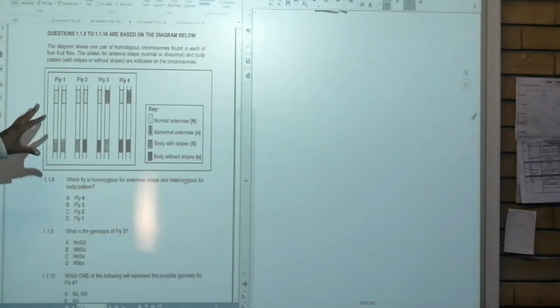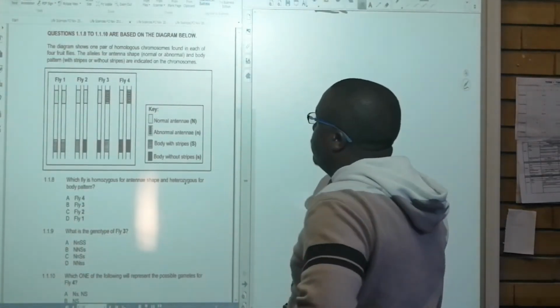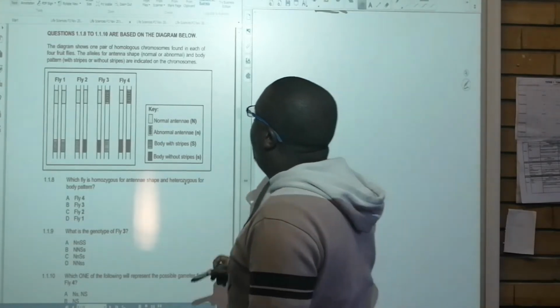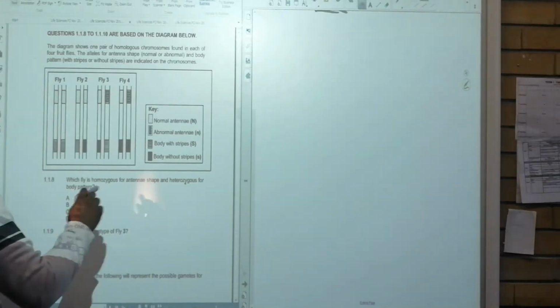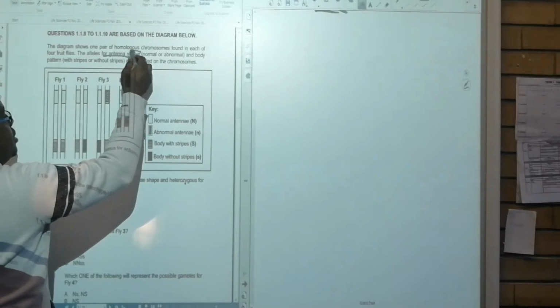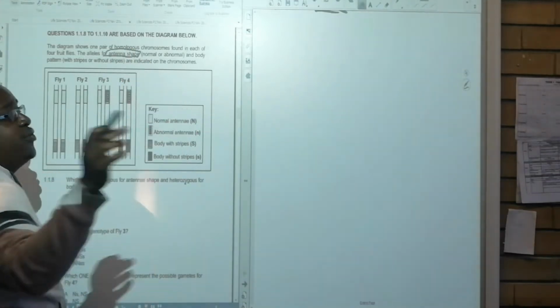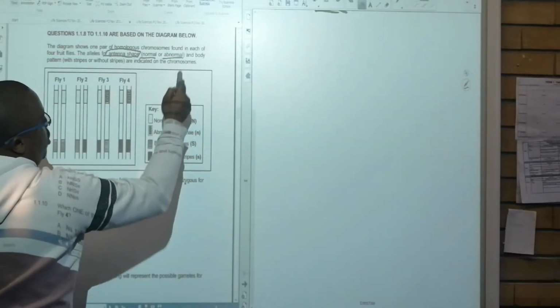The diagram shows one pair of homologous chromosomes found in each of 4 fruit flies. The alleles for antenna shape, this is a characteristic, give you normal or abnormal.